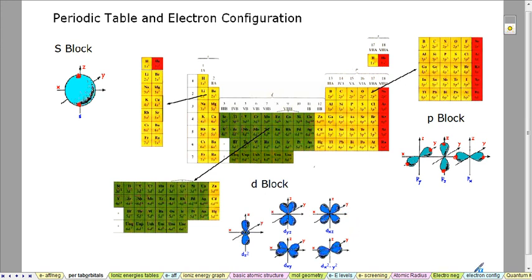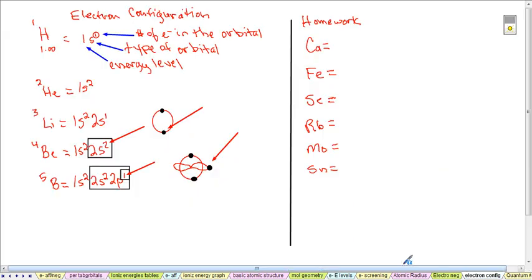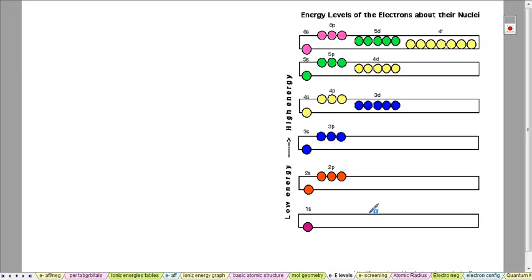So what we're going to do is take a look at the energy levels of electrons, because this idea of electron configuration starts to get a little goofy after a while. We know that the 1s electrons are the lowest energy. Then we have 2s's, 2p's, 3s's, 3p's.